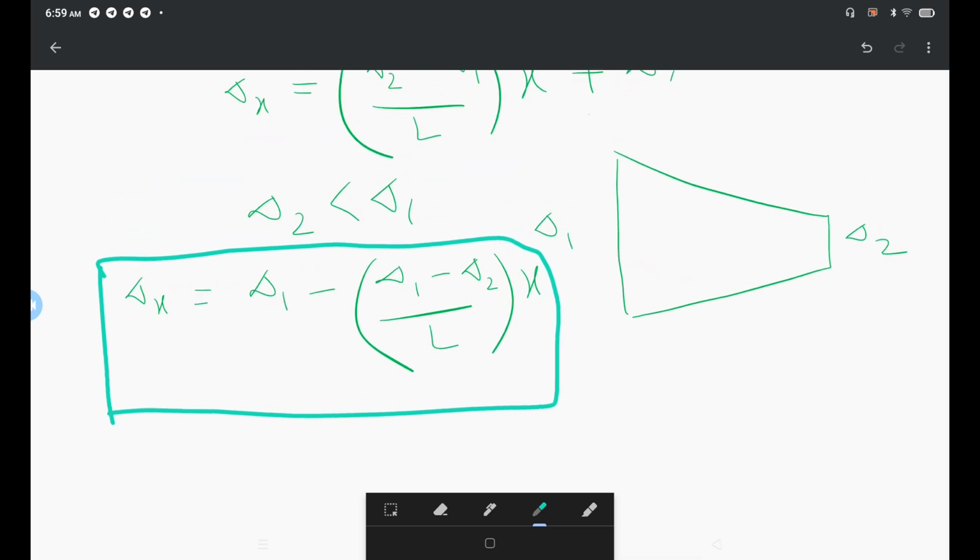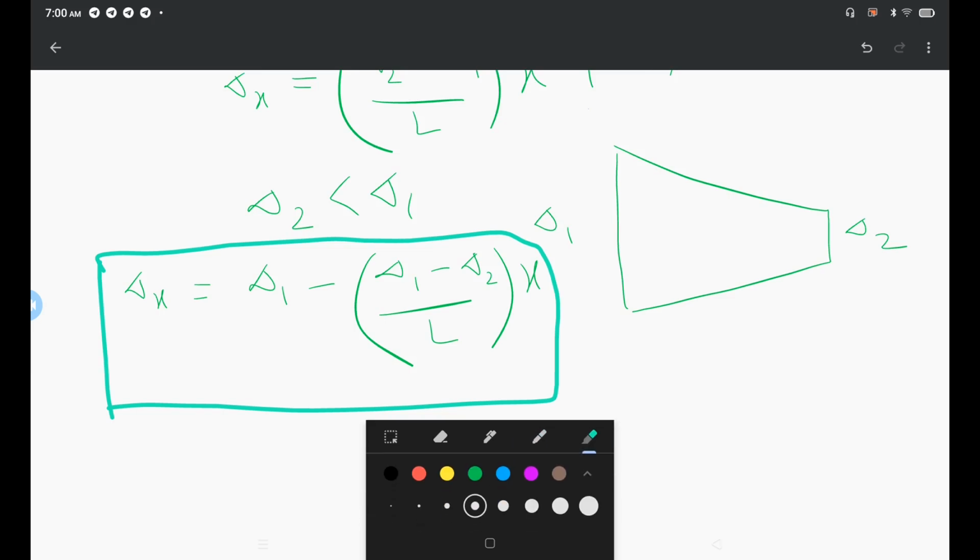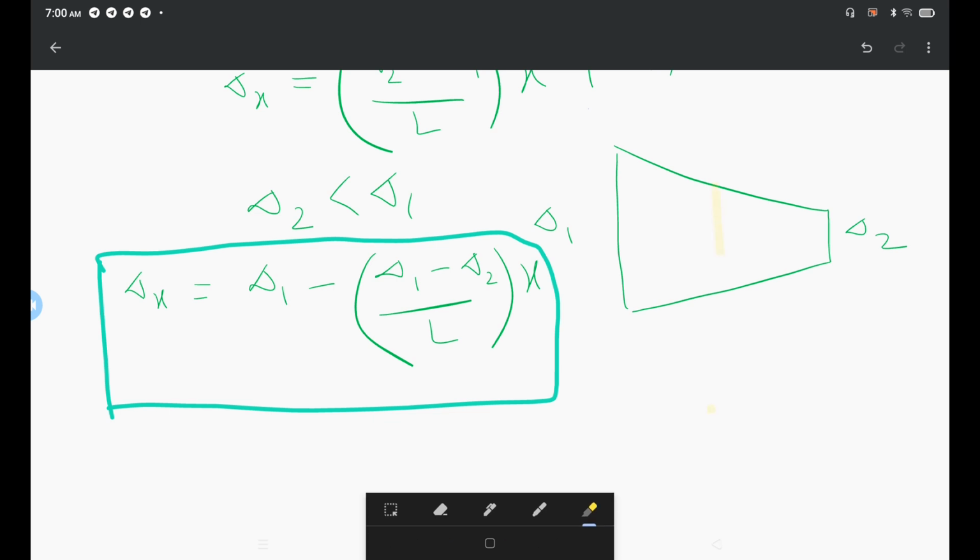Here our dx is the diameter for our elemental strip. So this is the relationship between dx, d1 and d2.